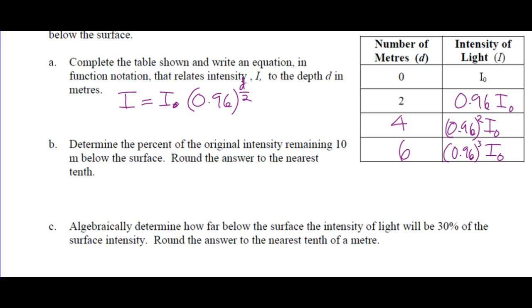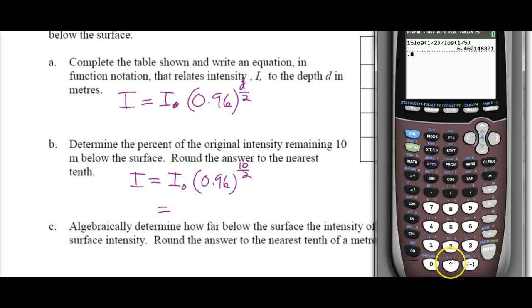Determine the percent of original intensity remaining 10 meters below the surface. Round your answer to the nearest tenth. So I is equal to I naught times 0.96 to the 10 over 2. 10 over 2 is 5, so 0.96 to the 5th. That's about 0.8, but I'd go more than a tenth on this.